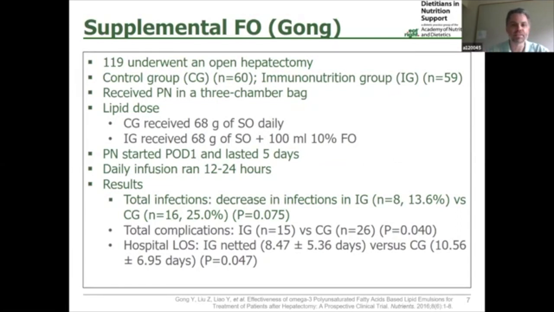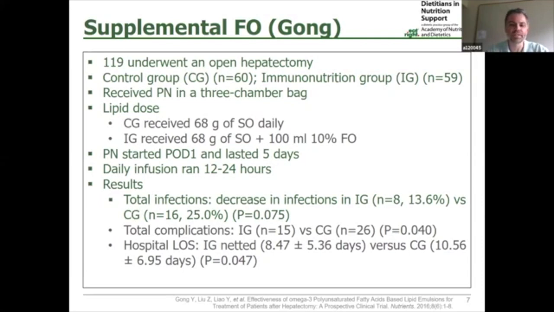So now moving on to the results. Those that received the fish oil had a reduction in infections. Although it did not meet the burden of statistical significance, it did show a trend towards reduction. They also examined the overall complications.